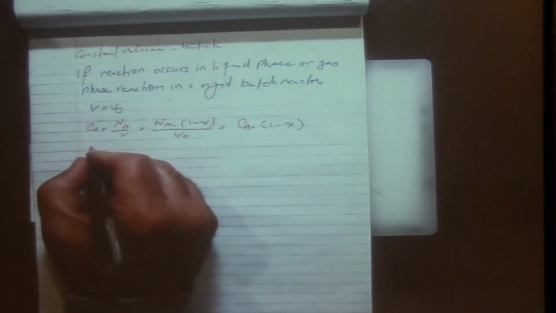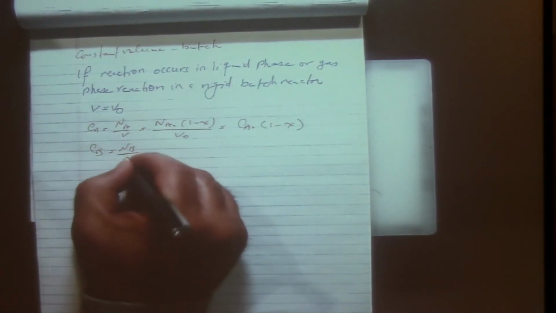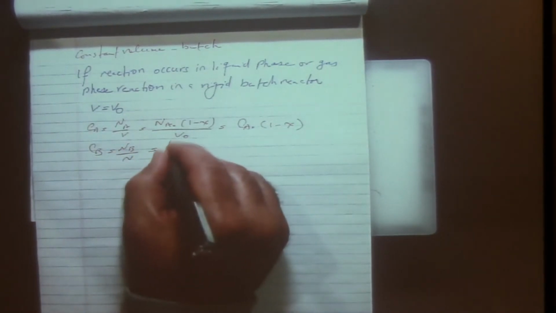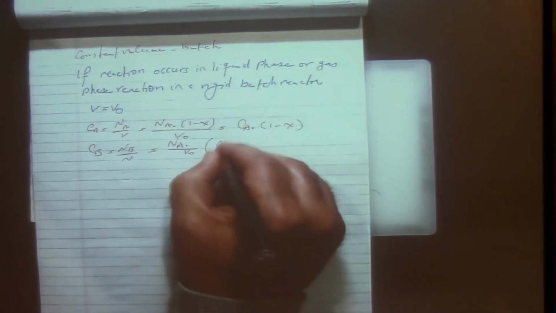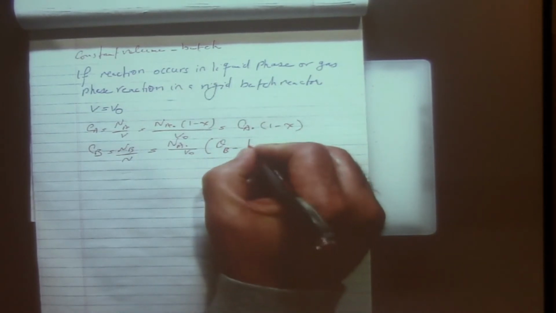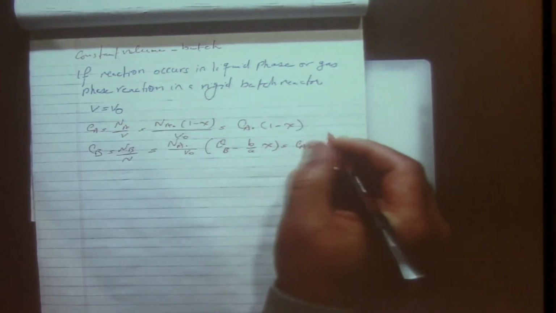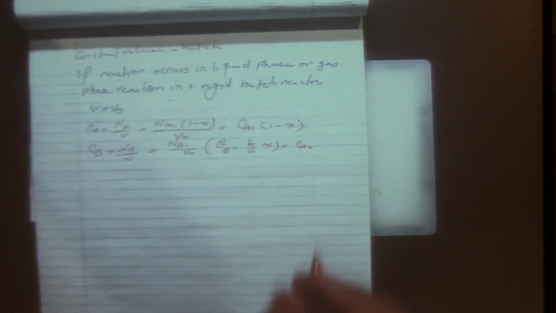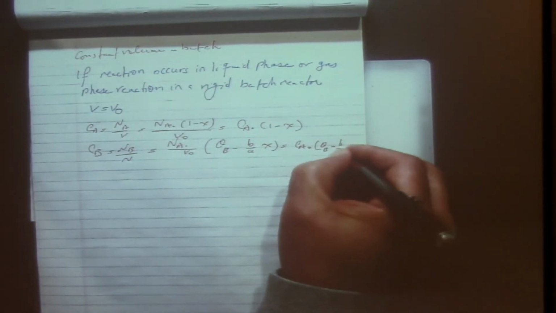Similarly for CB, you will write NB over V, and then that would be NA0 over V0 theta B. The reason we bring up these theta things, I'm going to mention in a moment. Let me just finish this expression: CA0 (theta B minus b/a X).